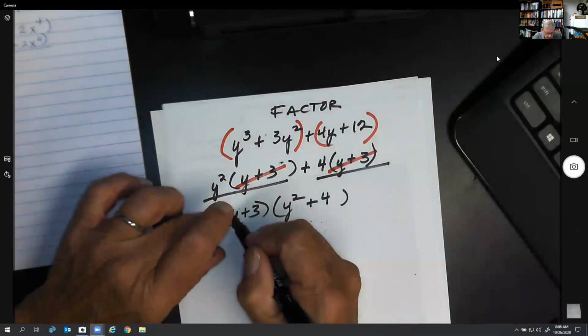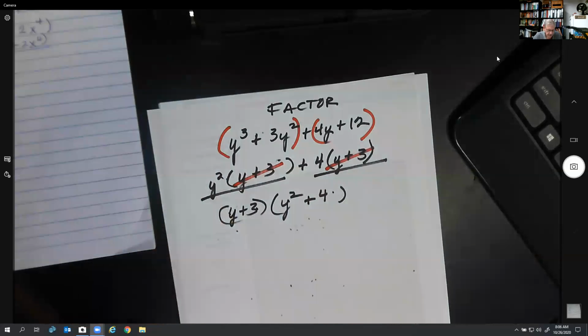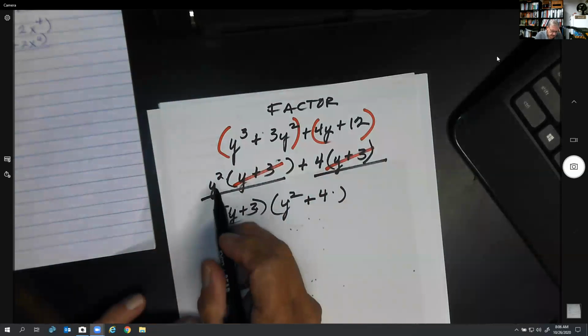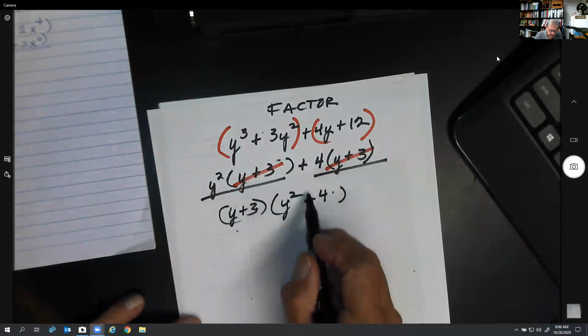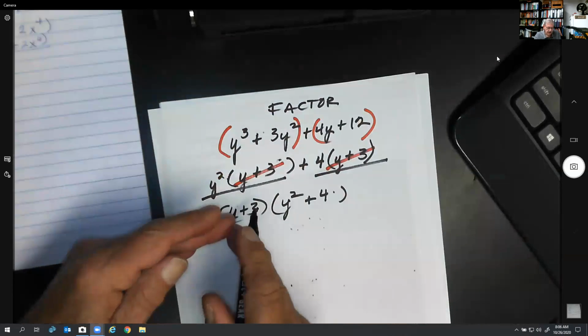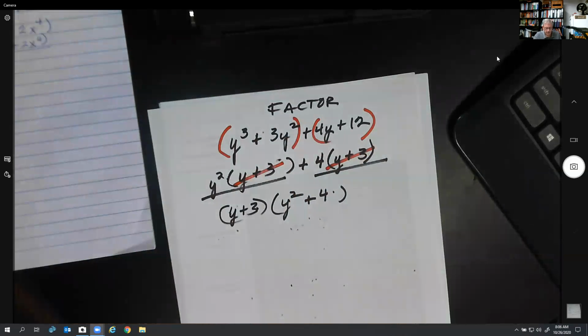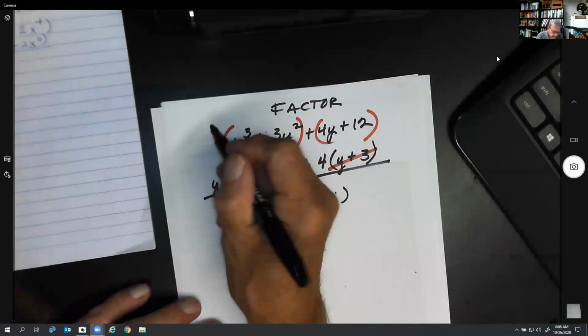Y plus 3 times y squared, y plus 3 times 4. So I just look at what's left, y squared plus 4. If I take it out, it's gone, and what's left is the y squared, the plus, and the 4. So this is what we call grouping.